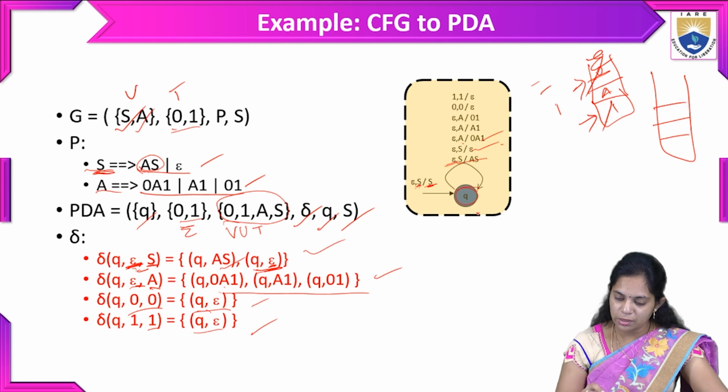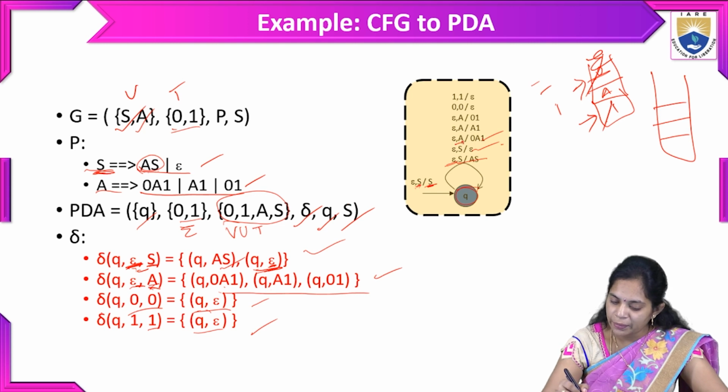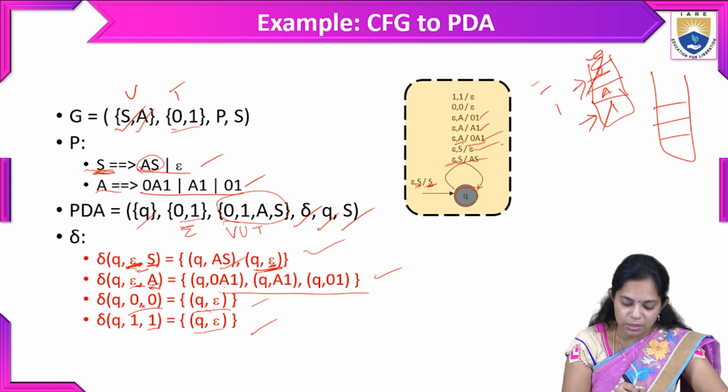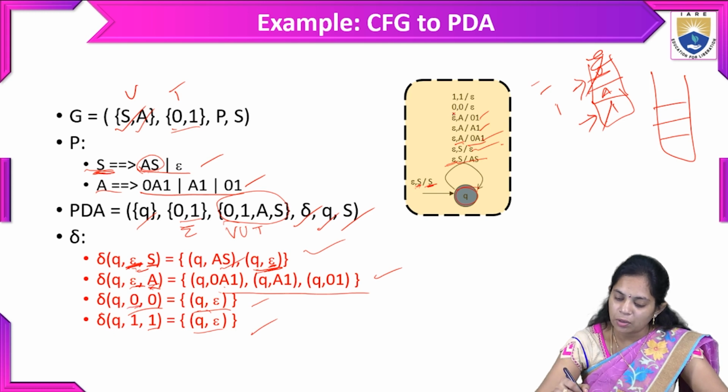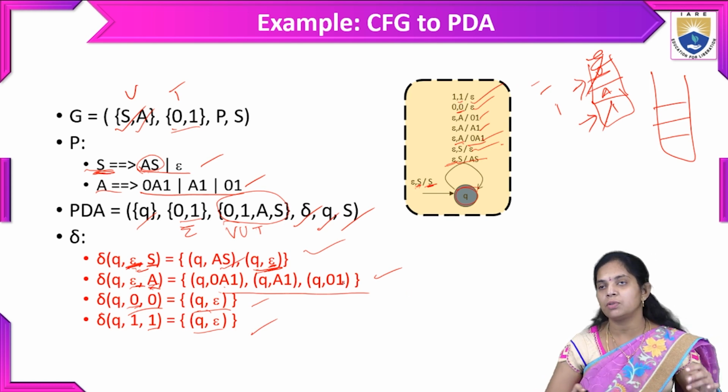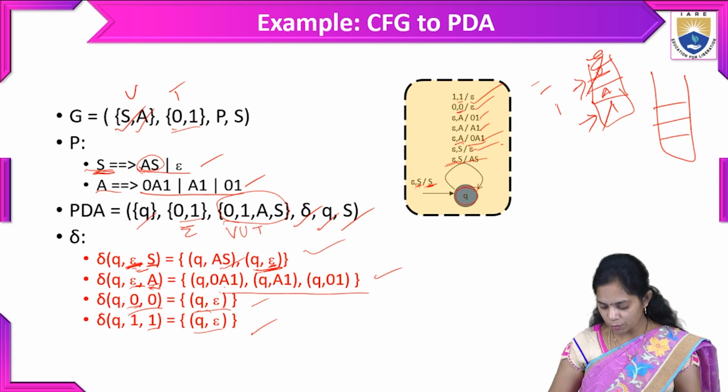So this is about the conversion, and for the remaining, if the top of the stack symbol is A, we have to write three production rules, and if the top of the stack is a terminal, 0, we have to pop, and if the top of the stack symbol is 1, we have to pop. So this is about the conversion of a given CFG into a push down automata.